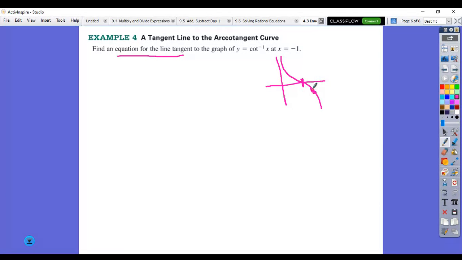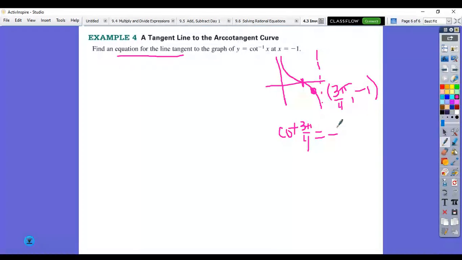Right here, there's an asymptote at pi. So that particular point is 3 pi over 4, negative 1.